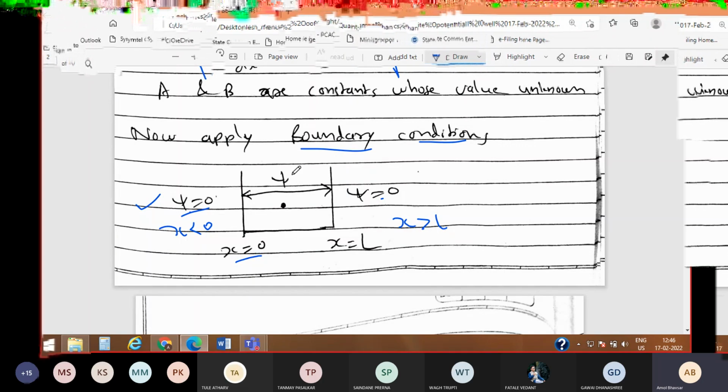Sine of 2 theta is equal to 2 times sine square of theta minus 1. This is 2, not square. So my equation becomes 1 half into 1 plus sine of 2 theta is equal to sine square of theta. So this is the trigonometric equation I am getting here.